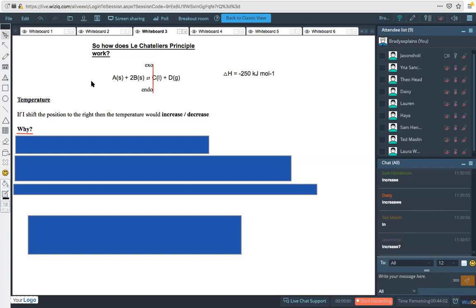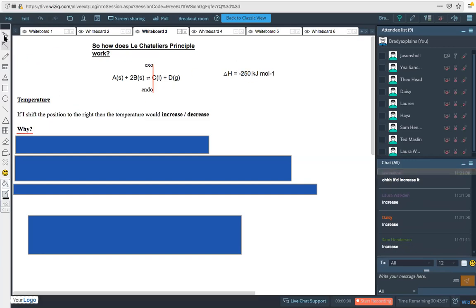So if I shift the position of equilibrium to the right, what will it do to the temperature? It will increase it. Yeah. Eureka moment there, Jason. Yeah, it'll increase it because you're making more forward reaction. And the forward reaction in this case is exothermic because the delta H is negative.